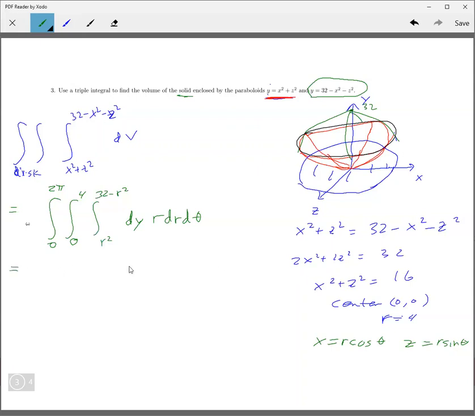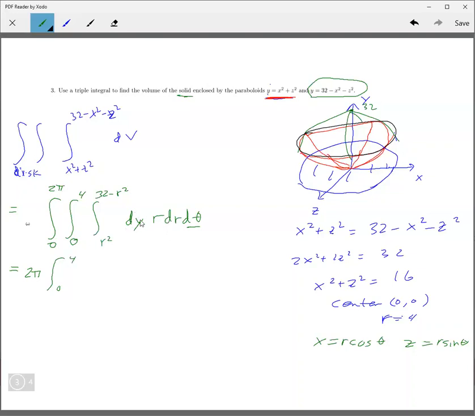Let's go ahead and solve that. First of all, there are no thetas anywhere here. That means we can just put 2 pi minus 0 on the front and dispose of the last integral.